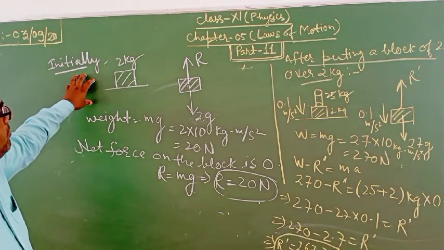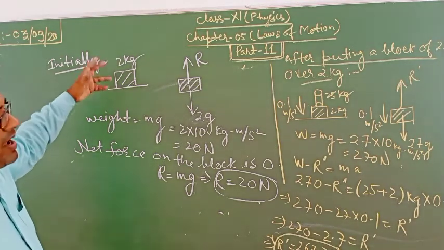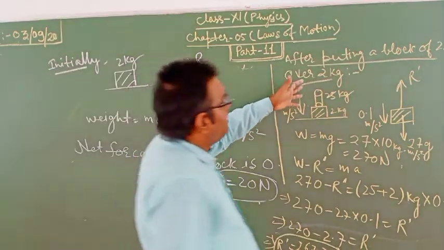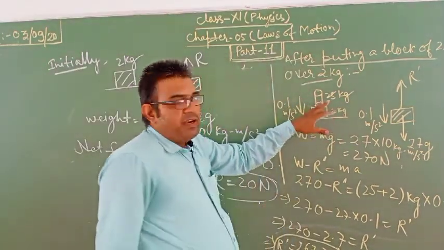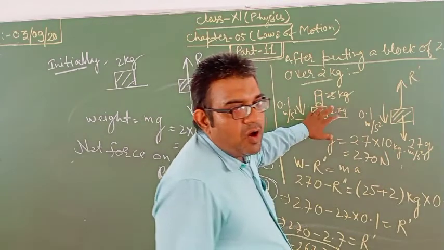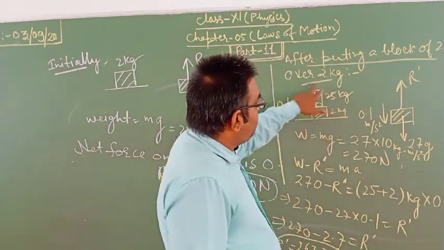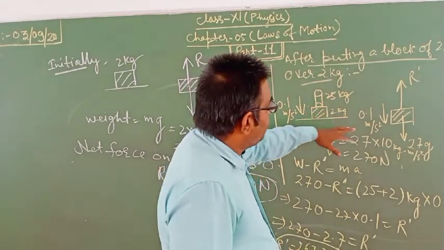So we have calculated both the action reaction pairs in both cases: when no mass is kept over the block of mass 2 kg, and when a 25 kg mass is kept over the block of mass 2 kg, the net mass is 25 plus 2, that is 27 kg.